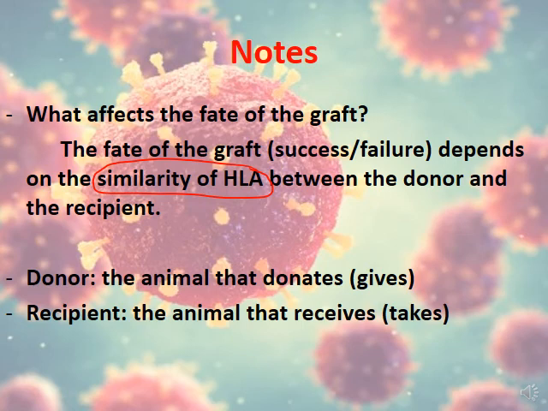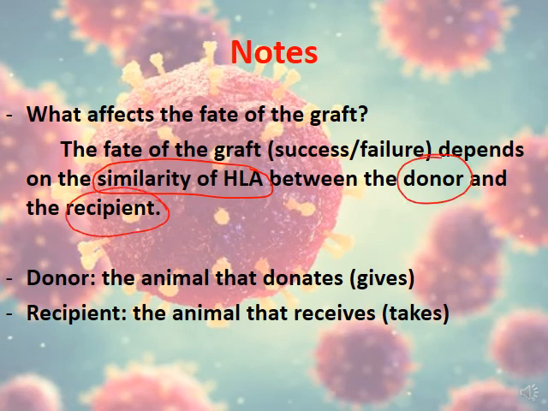If they have similar HLA, the graft is accepted. If they have different HLA, the graft is rejected. As the similarity of HLA increases, the percentage of success will increase. This is done between a donor and the recipient.